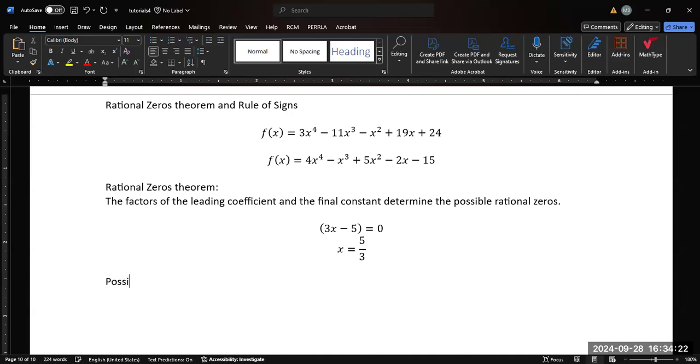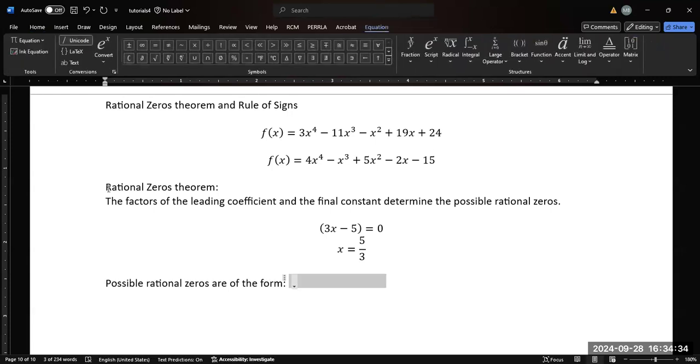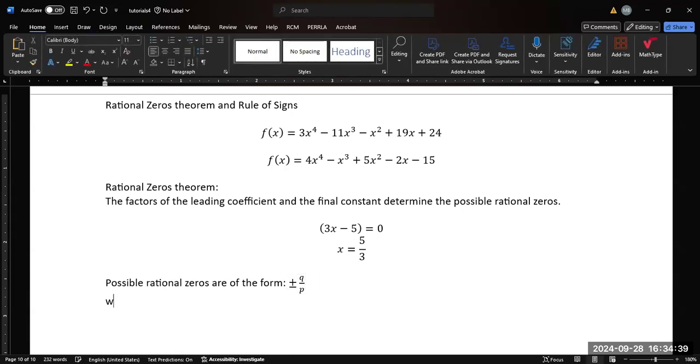So the possible rational zeros are of the form plus and minus q divided by p, where p are the factors of the leading coefficient and q are the factors of the final constant.